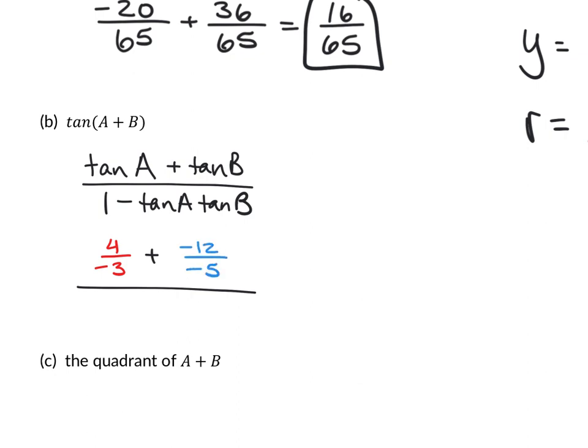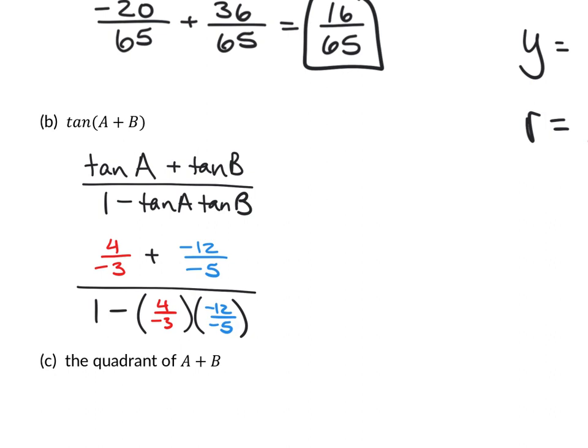Negative 12 over negative 5. Yes, I know it becomes positive, but for right now, for our notes, we know where we got those numbers from. Let's put both negatives. In the bottom, we would have 1 minus, and then those same values, because again, I just already found them. So it's 4 over negative 3 and negative 12 over negative 5. Again, put the negatives there so later on when you're looking back, you know where they came from.